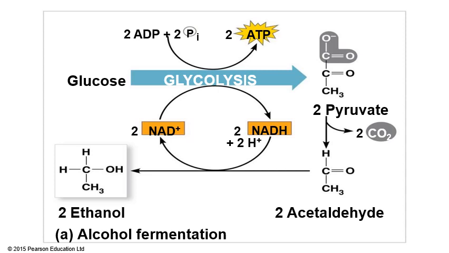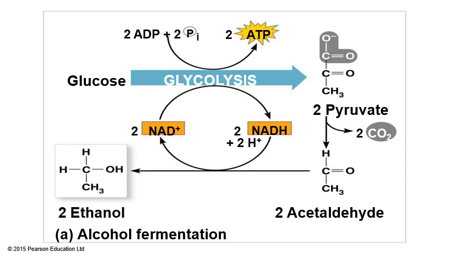How? In this case, the pyruvate, the end product of glycolysis, is broken down one more step, releasing CO2 and turning into the 2-carbon molecule acetaldehyde. So this NADH gives up electrons to acetaldehyde.